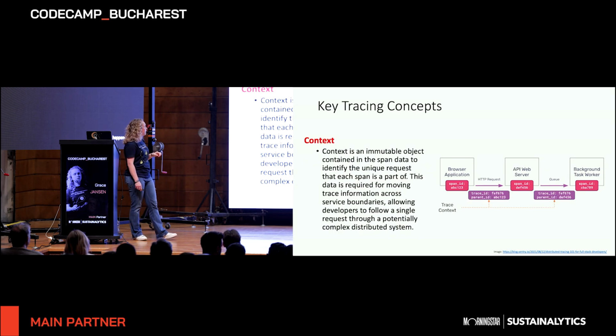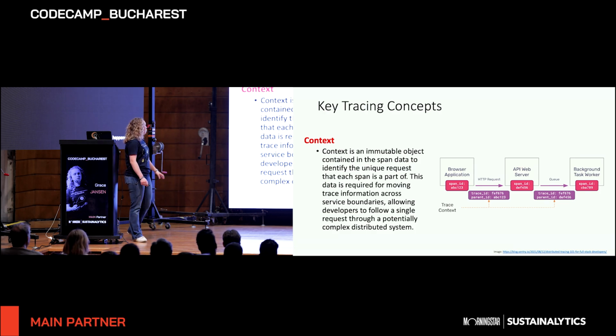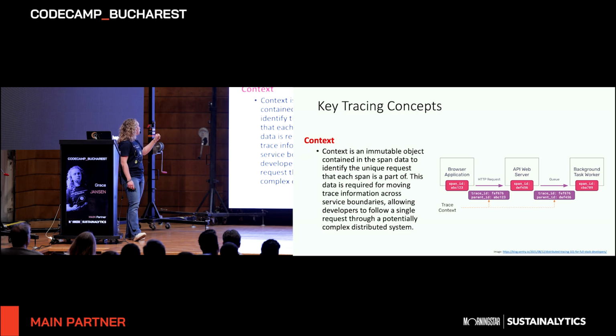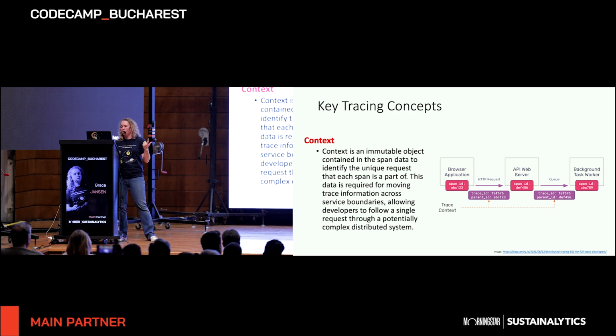And this is the all-important part here, context. This is what we're trying to introduce. So context is an immutable object that's normally contained within the span data to help us to be able to identify the unique request that that is a part of. The data normally consists of two different things. You've got the span ID and you've got the trace ID, the parent ID and the trace ID.